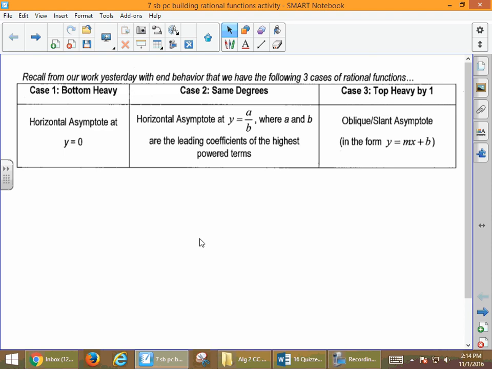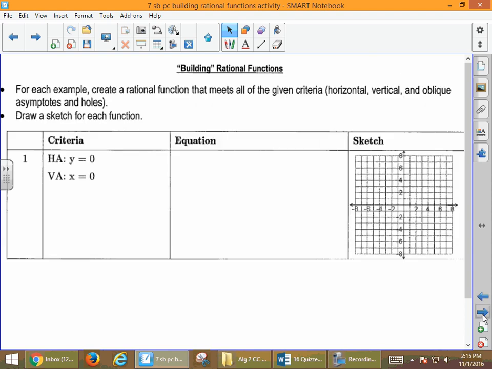If it's top heavy, then we have an oblique asymptote. And if we have the same degree on the top and the bottom, then we have a horizontal asymptote. Just keep those three things in your head as we go ahead and write these equations.